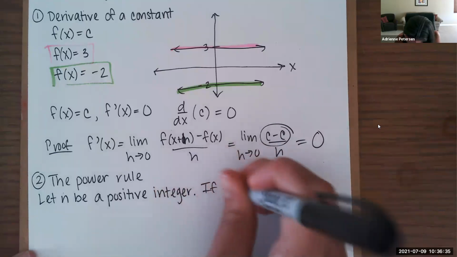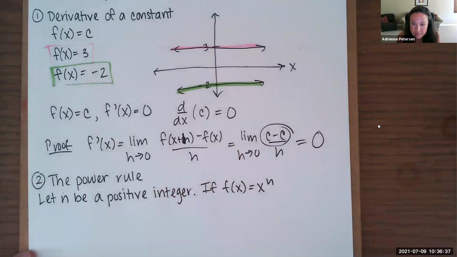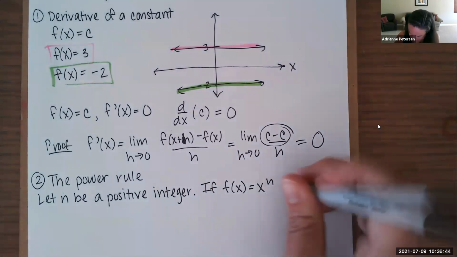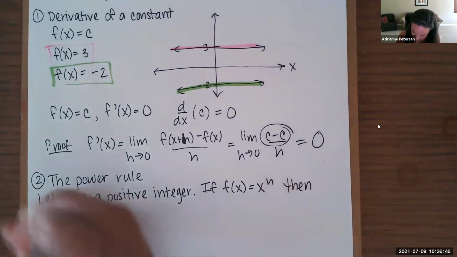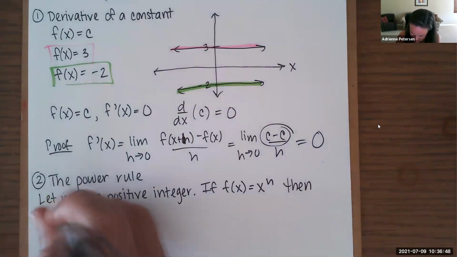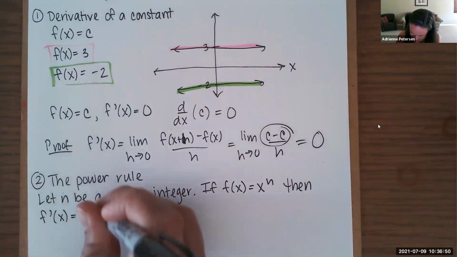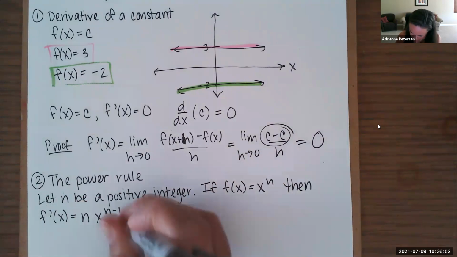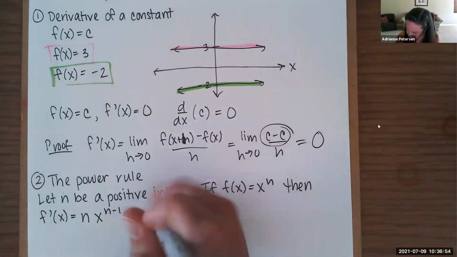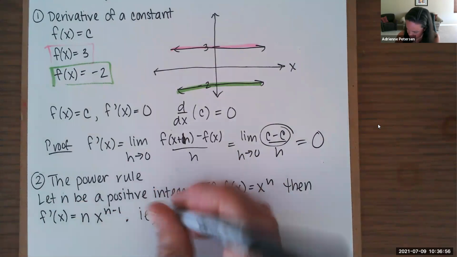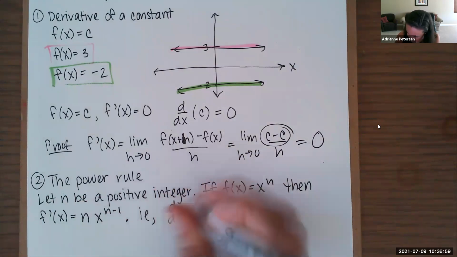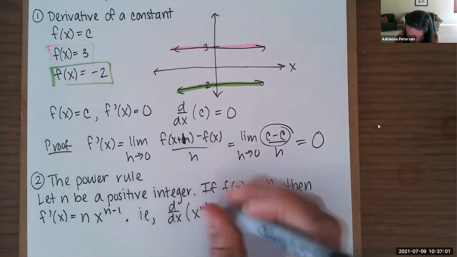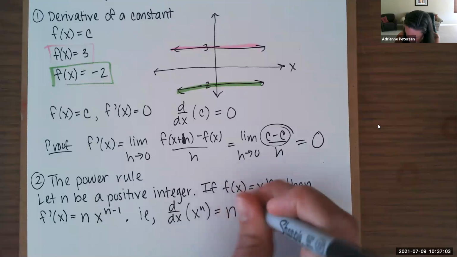If f of x is equal to x to the n, a monomial, a polynomial with only one term, then f prime of x is equal to n times x to the n minus 1. In other words, the derivative of x to the n is equal to n times x to the n minus 1.